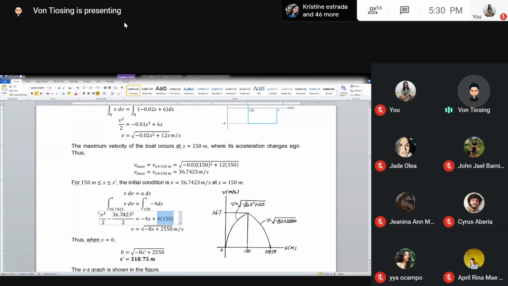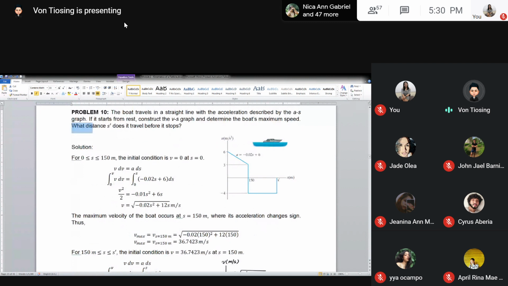And then itong 36.74 squared, okay, this is 1,350 divided by 2, 675. So, i-add natin siya doon sa 600. So, 1,275 times 2, we have 2,550. Okay, so this is just a manipulation lang naman ng formula in terms ng v.